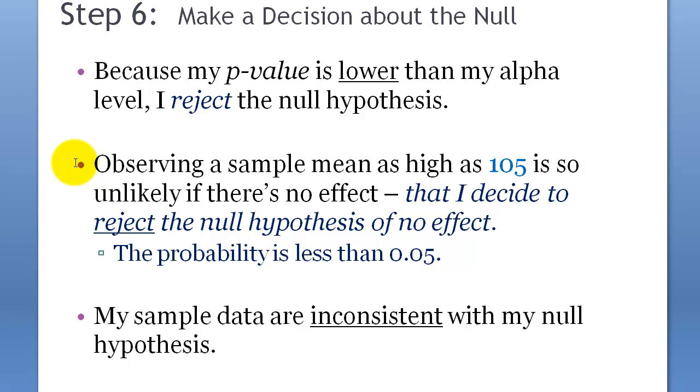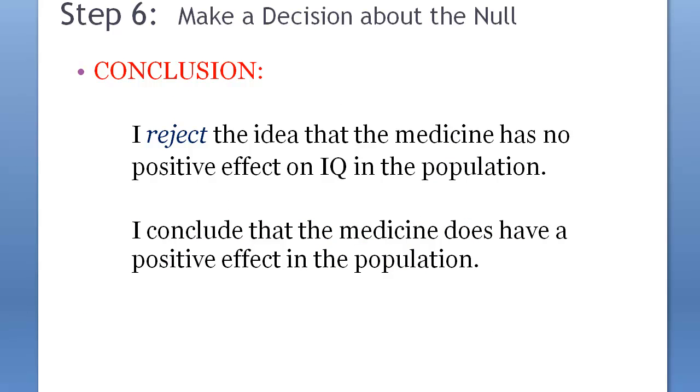The probability of you getting 105 from that population is below 0.05. So my sample data are inconsistent with my null hypothesis. And make a decision about the null: I reject the idea that the medicine has no positive effect on IQ in the population. I conclude that the medicine does have a positive effect in the population.